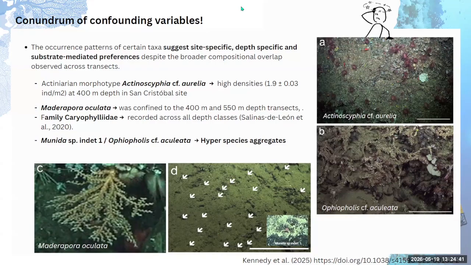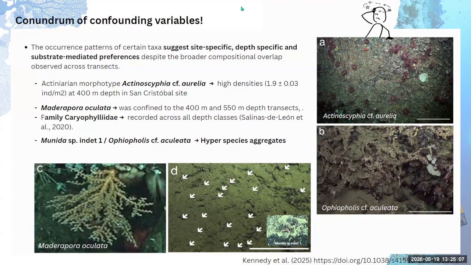Whenever you have bare rock surfaces, we rarely observe them, but whenever the rocky surfaces were covered with the biogenic mat, they are in really high numbers. Also, we recorded Ophiophorus aculeata with the dead coral framework, and they were swarming in these dead coral frameworks.